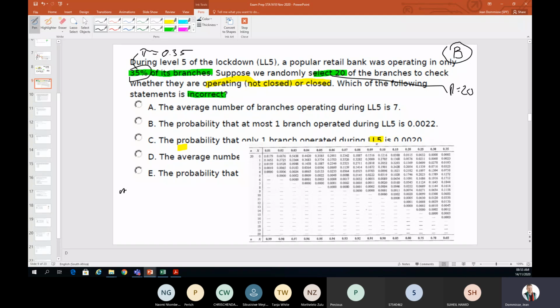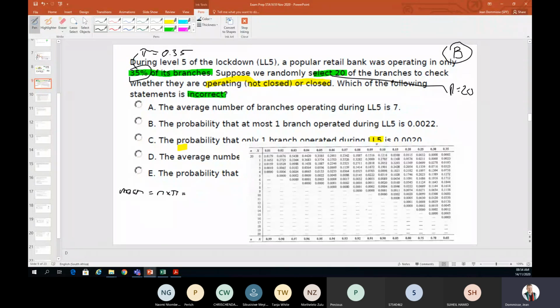Remember to work out the mean, it is the formula n times pi. Here they're actually asking a few things of the binomial in one question set.